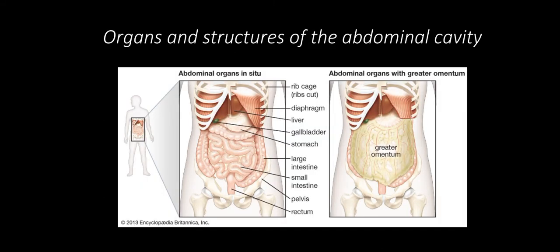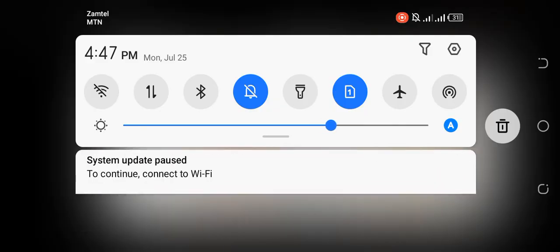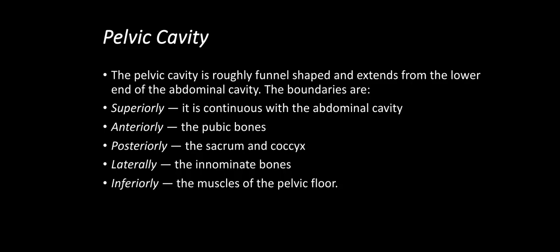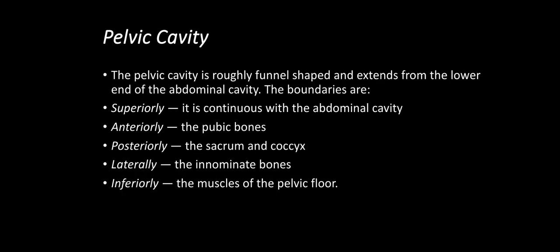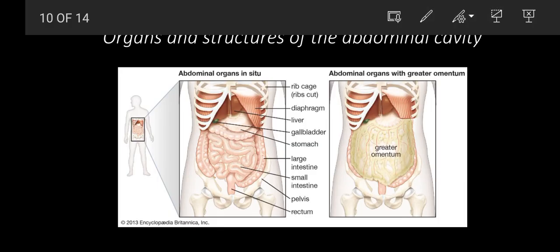So, these are the organs and structures of the abdominal cavity. Sorry, let me get the pen right here. Okay. So, we have the organs and structures of the abdominal cavity. This is a human right here, someone standing here, and you can see the abdominal cavity.